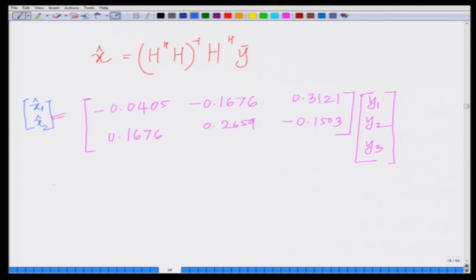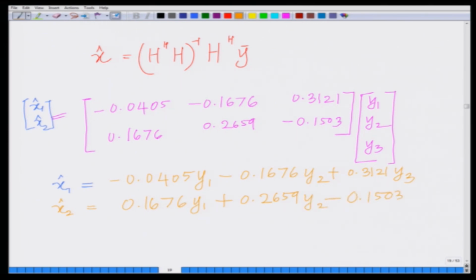So, basically what I have is x1 hat is equal to minus 0.0405 y1 minus 0.1676 y2 plus 0.3121 y3. Similarly, x2 hat equals 0.1676 y1 plus 0.2659 y2 minus 0.1503 y3. Alright.